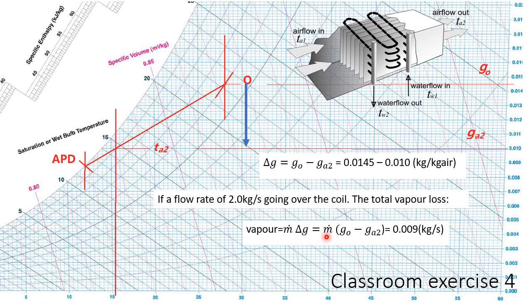So the 2 kilograms per second multiplied by the difference, and we obtain 0.09 kilogram vapor condensate per second. So every second we gain about 9 gram condensation water. Okay? So you can imagine there will be some kind of water drip here, right? 9 gram every second. So a few drops every second. Okay?